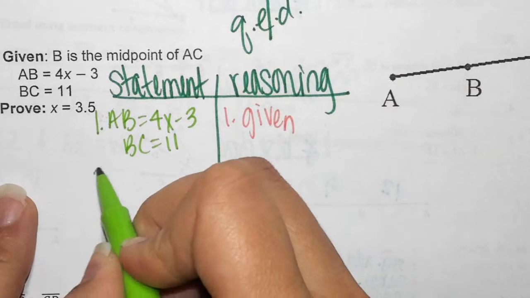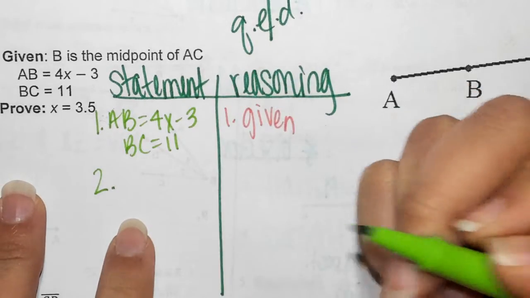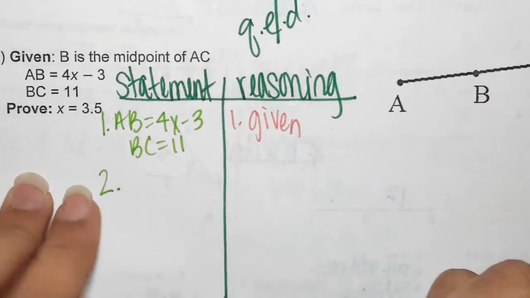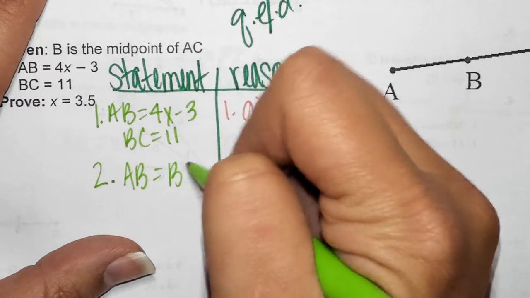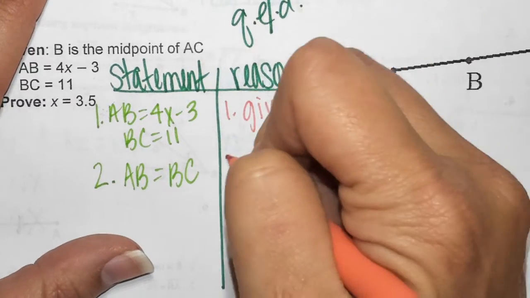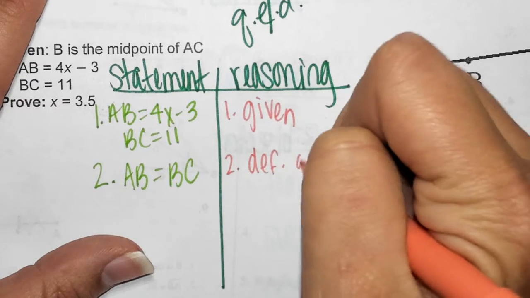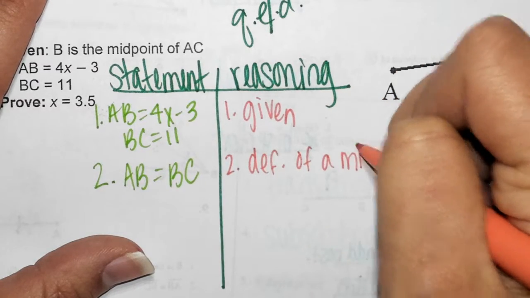Alright, so then AB plus BC equals AC. What do they tell us? Oh, B is the midpoint of AC. So we would say AB equals BC by the definition of a midpoint.